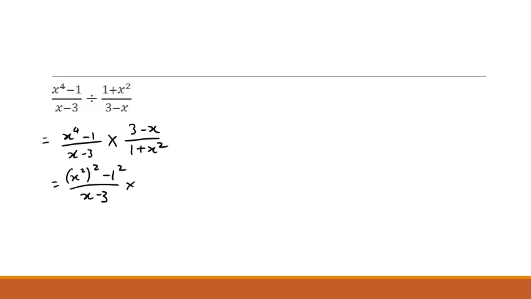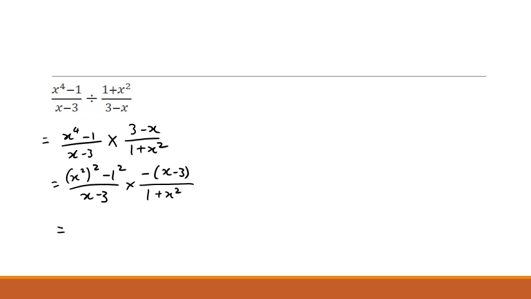They're negative versions of each other, so what I'm going to do is put a negative in front of this other one, so that becomes x minus 3. Whenever you factorize out negative, your signs swap, so the negative x becomes a positive x, and then your plus 3 becomes a negative 3.